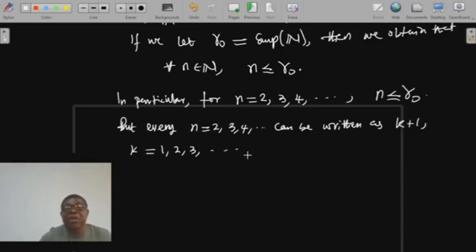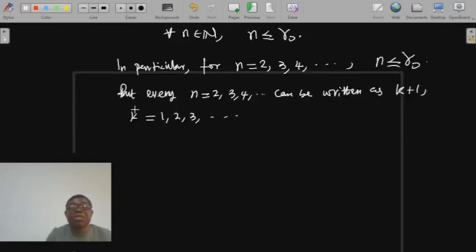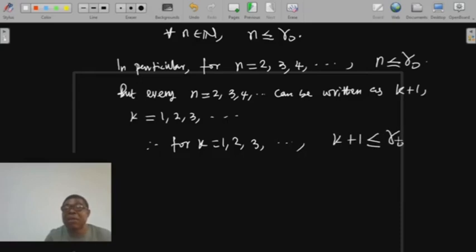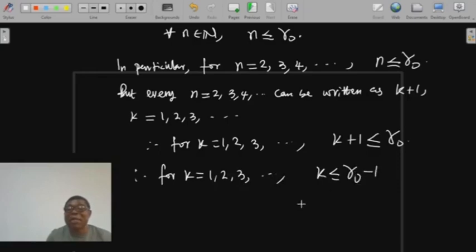Here k is running from 1, 2, 3, and so on. This means therefore that for k equals 1, 2, 3, and so on, k plus 1 is less or equal to gamma naught. And what do we have from here? What we have from here is therefore that for k equals 1, 2, 3, and so on, k is less or equal to gamma naught minus 1.